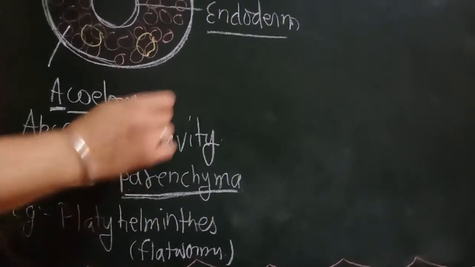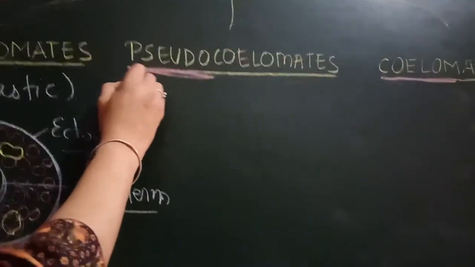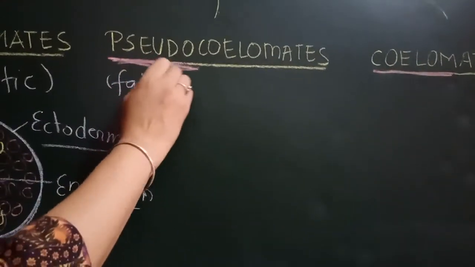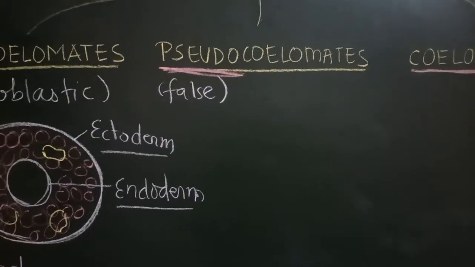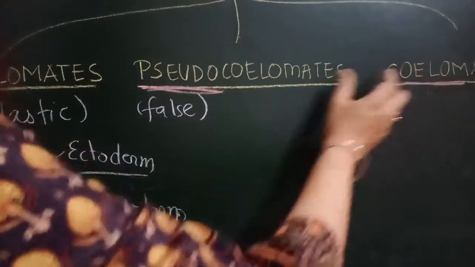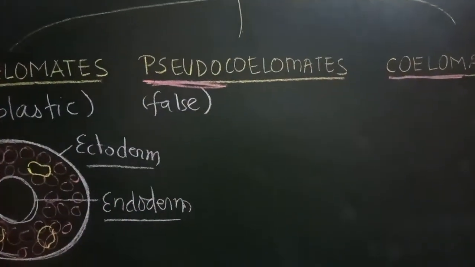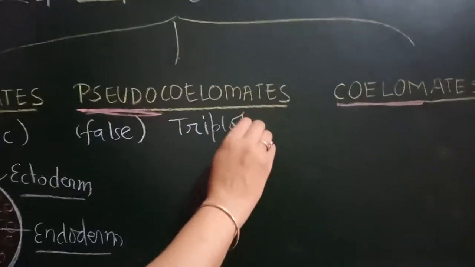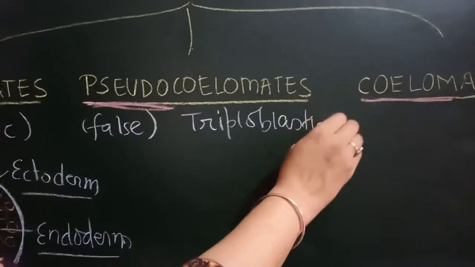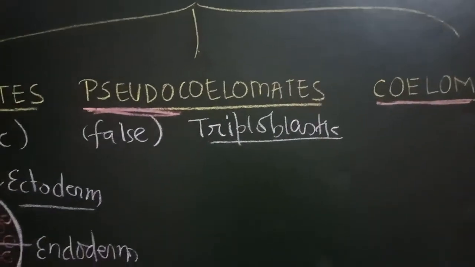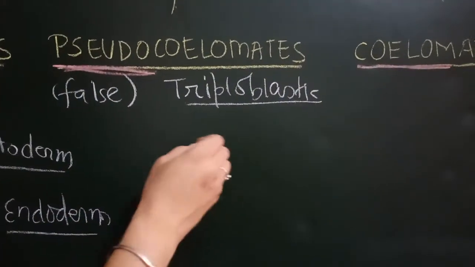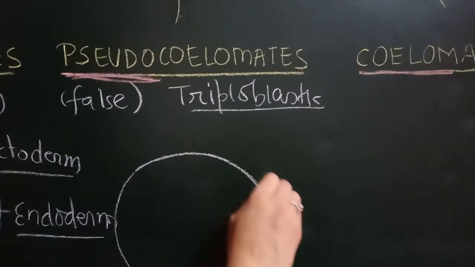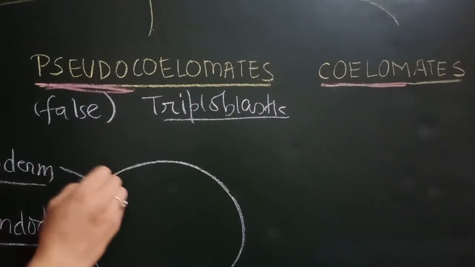The second thing is the pseudocoelomates. Pseudo here means false. So this pseudocoelomates and coelomates arrangement is shown by the organisms which are triploblastic. That means three germinal layers are present in them. In the case of the pseudocoelomates, the outer layer is there, that is the ectoderm.